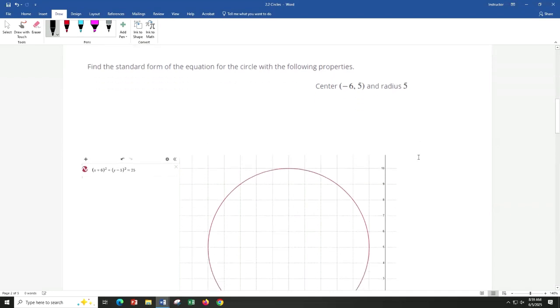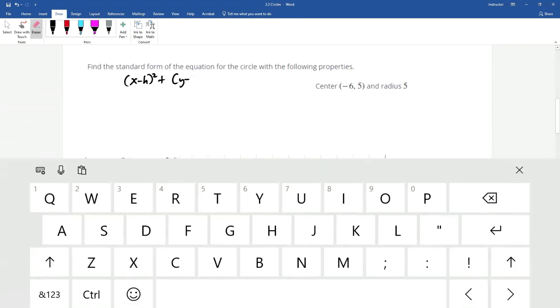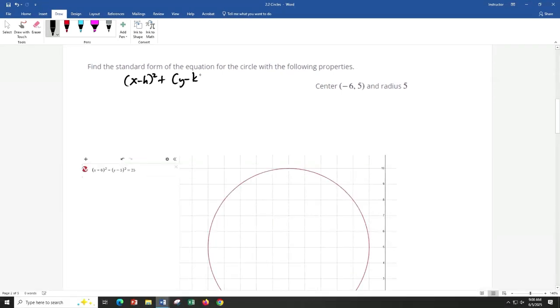Find the standard form of the equation for the circle with the given properties. The center is at -6, 5, and the radius is 5. So let's remember what our definition is. The definition of a circle is this: x minus h squared plus y minus k squared is all equal to r squared.